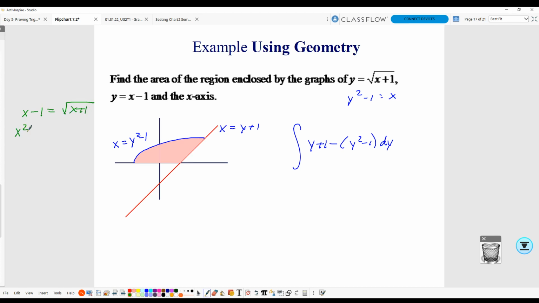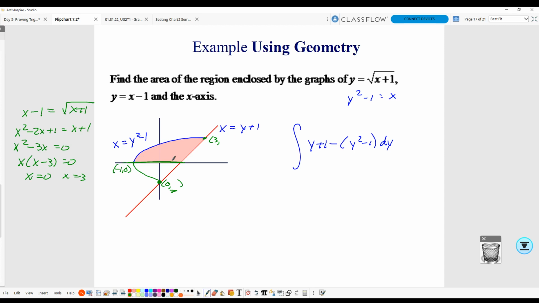Square both sides and solve. So the coordinates that I found are x equals 0 and x equals 3. This coordinate down here, I don't want. I need to find where does this hit the x-axis, which is when y is 0, which is when x is negative 1.